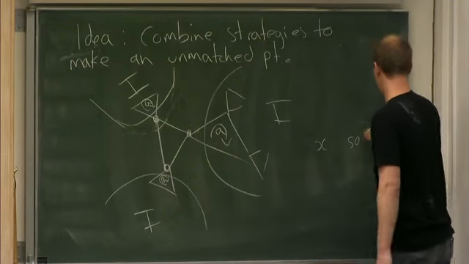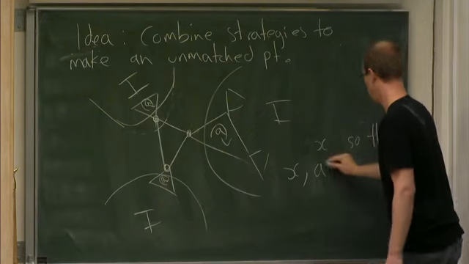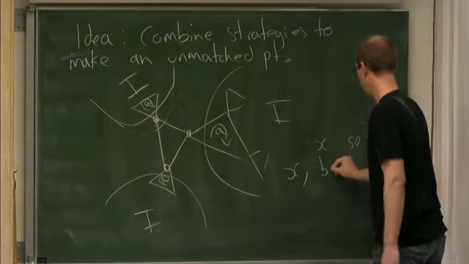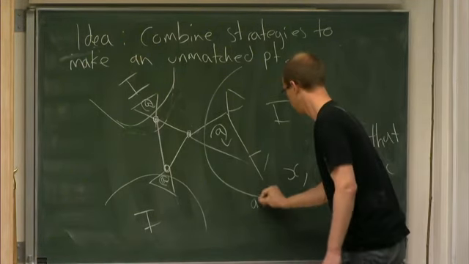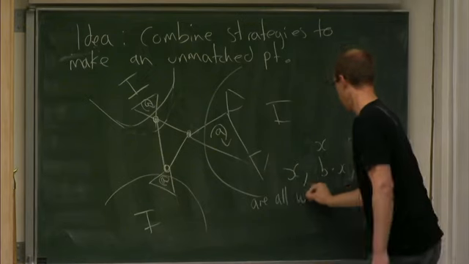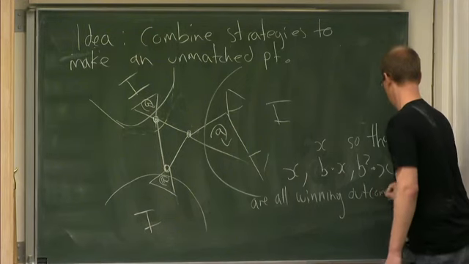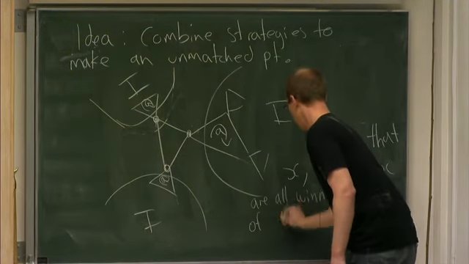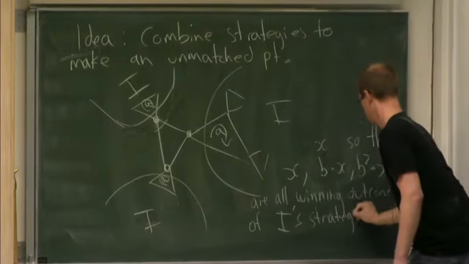x so that algebraically x, b dot x, and b squared dot x are all winning outcomes of one strategy. Okay.